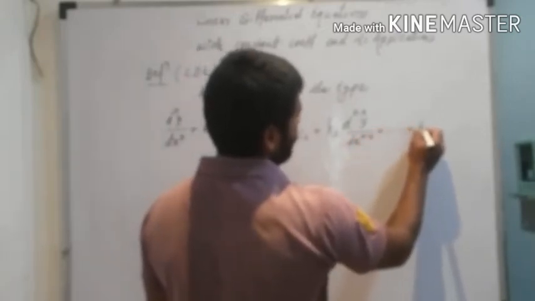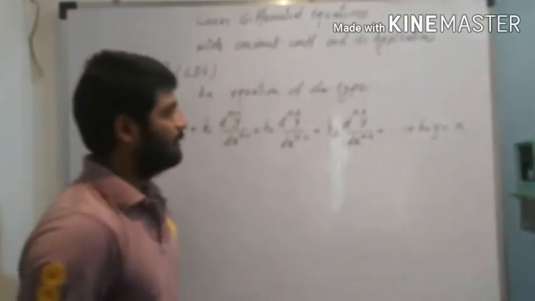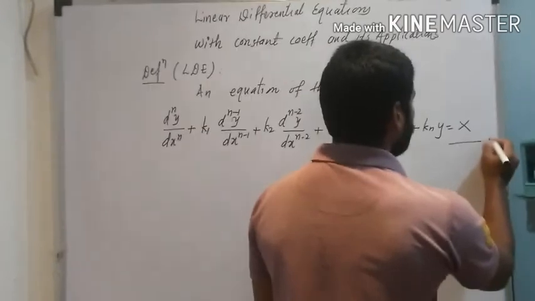The last term is kn into y, equal to capital X. Say this is equation number 1.